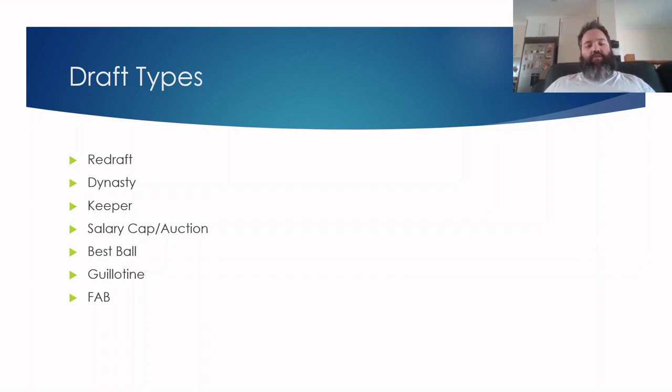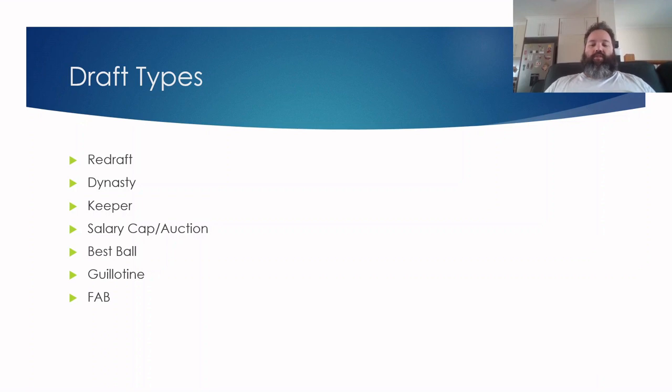Another type of draft that's probably more popular in America is best ball drafts, and so essentially this is where you pick a squad of players before the season starts, and then you don't have to actually put a team in week to week. What it'll do is it'll calculate the best score from your squad, and that is your score for the week.